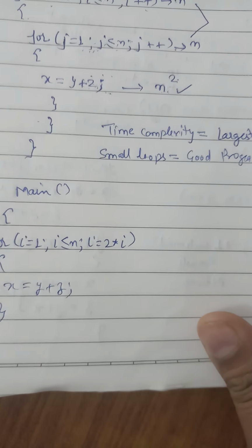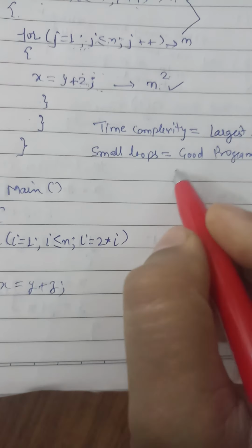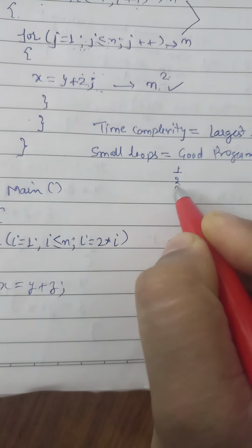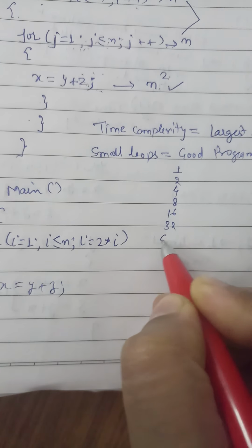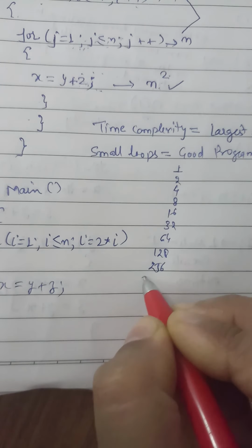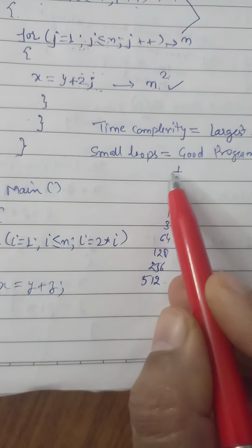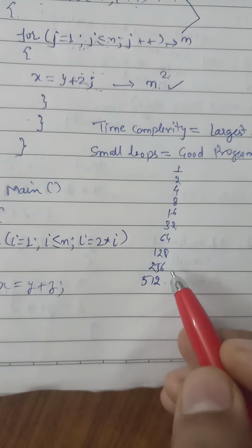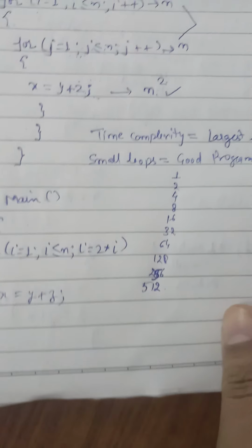So here we have two things: I is equal to 2 into I. If we start like this, initially the I value is 1, so we can write 1 to 2 to 4 to 8, 16, 32, 64, 128, 256, and after that 512, 2 into I.